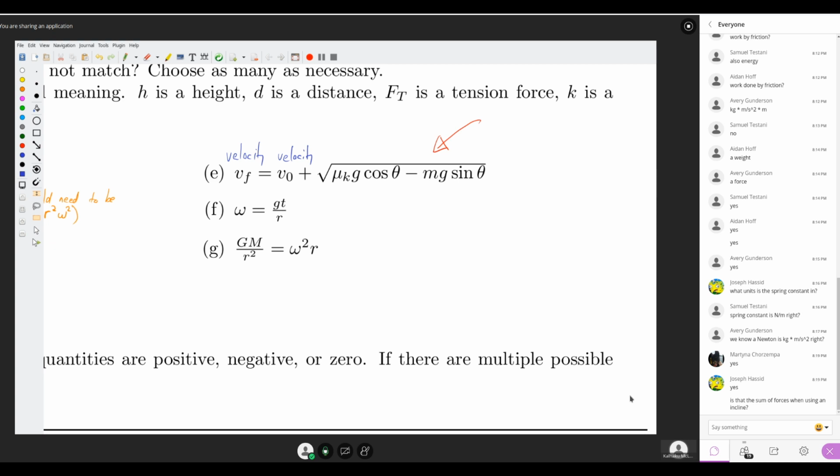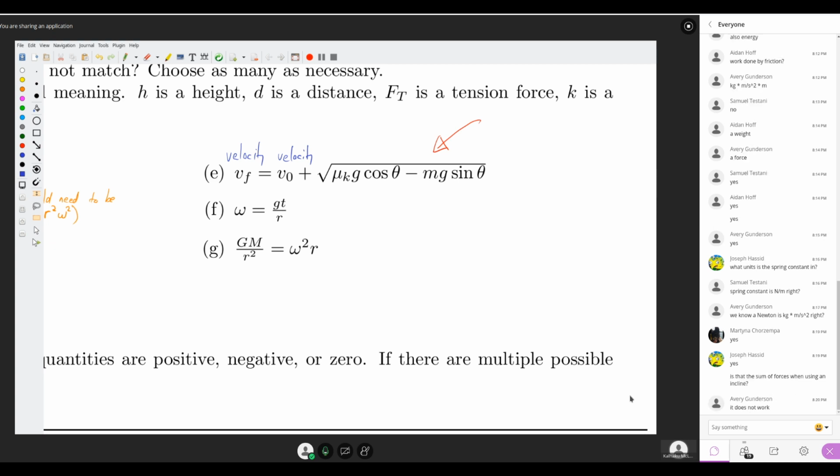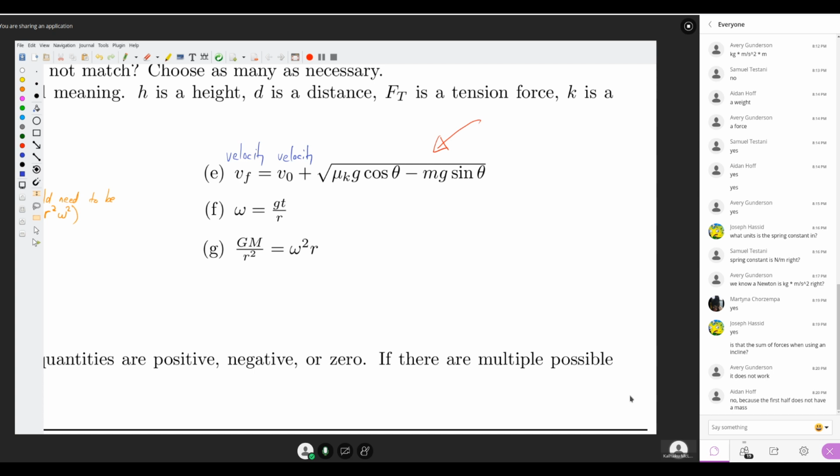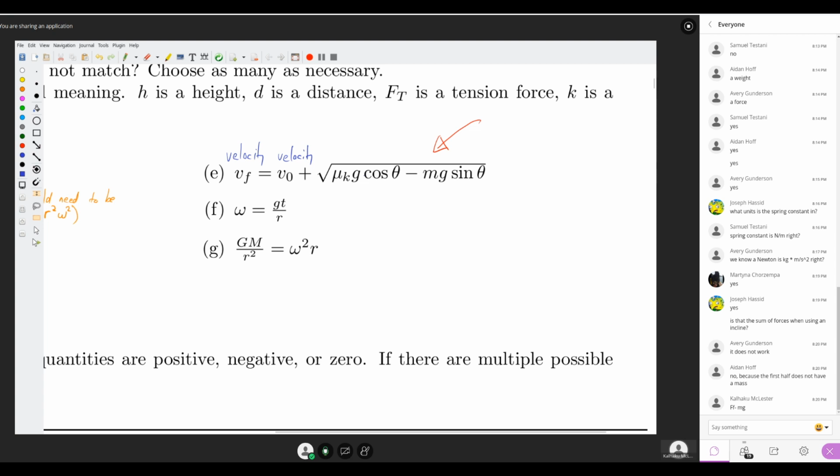Is that the sum of forces when using an incline? Yeah, so Avery says it doesn't work. Joseph says, is that the sum of forces on an incline? Yeah, so you kind of recognize this as like g cosine theta kind of looks like a normal force times a coefficient of friction. Mg sine theta, well, that looks like a component of gravity. So yeah, this is pretty clearly under the square root a sum of forces. And I don't know what the square root of a newton is, but it sure as hell is not a velocity. So yeah, that one doesn't match.